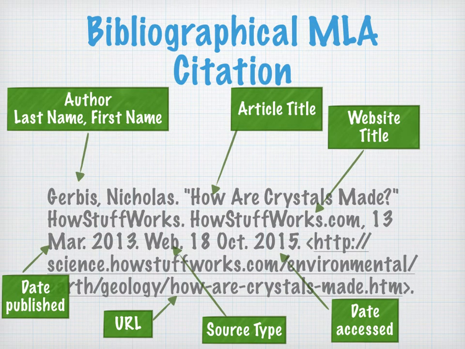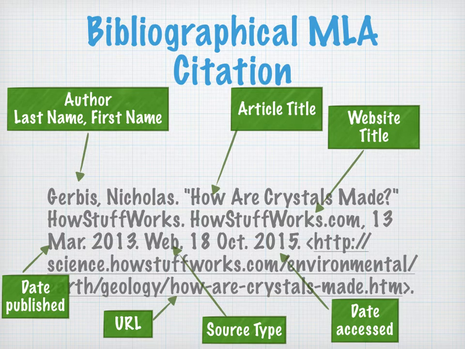Now, this might look really complicated, but one of the things we're going to have to do is create a works cited page. And in a works cited page, we have something called a bibliographical MLA citation. Now, that sounds really complicated, but basically, it's a very specific way of showing your source and writing it in a specific way so everybody knows what you're talking about.